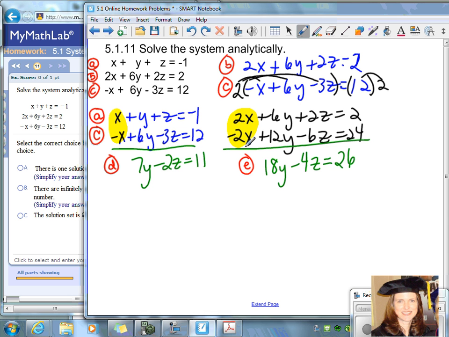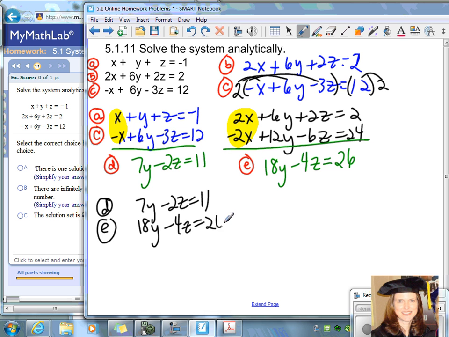Now I want to combine equation D and equation E and get opposites, either opposite x's or opposite y's. Equation D is 7y minus 2z equals 11. Equation E is 18y minus 4z equals 26.